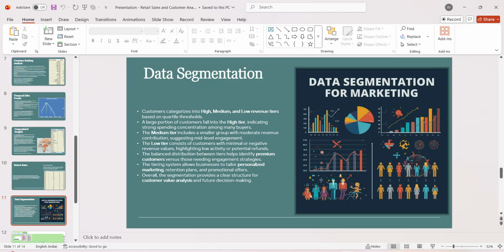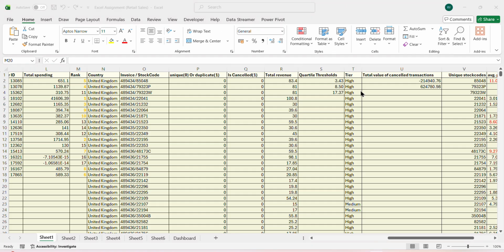Overall, the segmentation provides a clear structure for customer value analysis and future decision making. These high, medium, and low tiers identify the premium customers, and the low tier needs strategic recommendations, so we can improve them from low to medium or high.